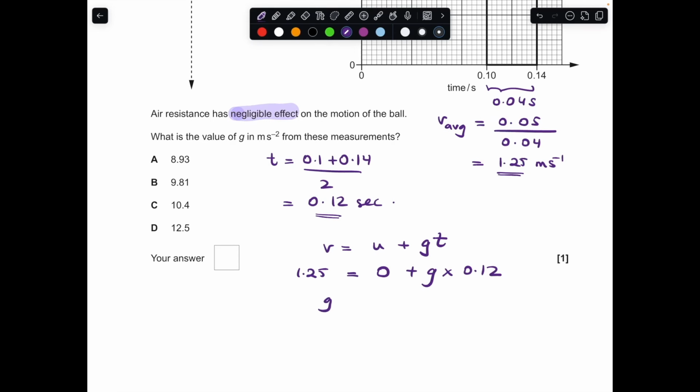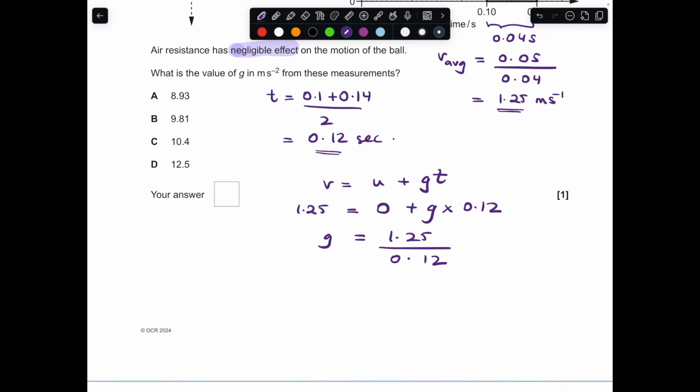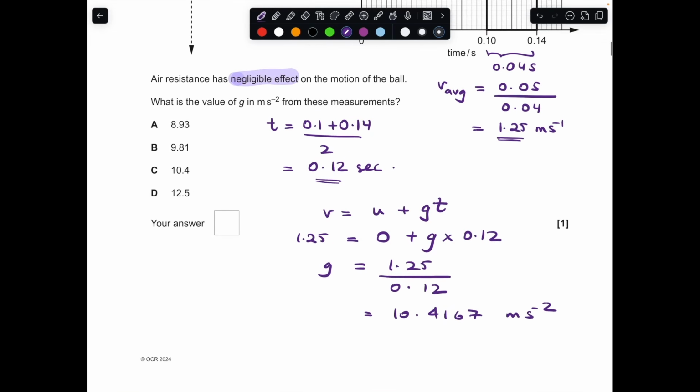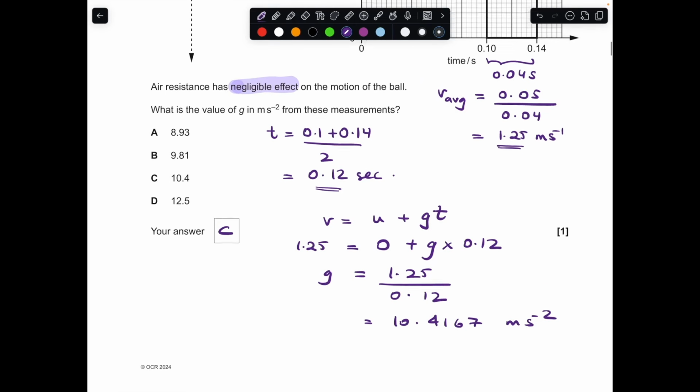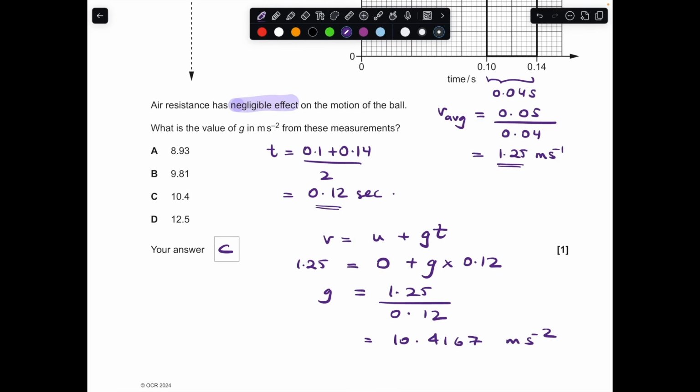That will give me g as 1.25 over 0.12, and that gives me 10.4167 meters per second squared, or just C as the answer, rounded to 3 significant figures. So I hope that helps.